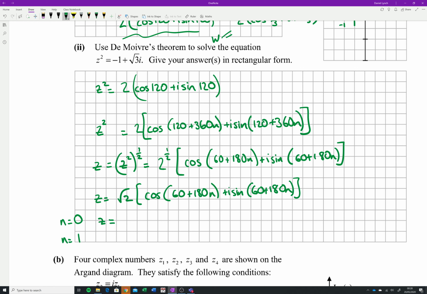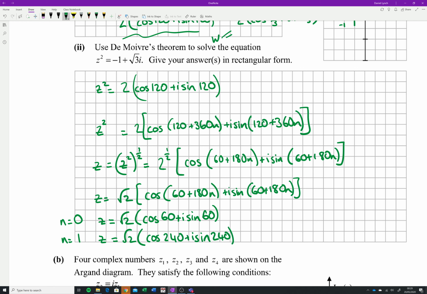So we'll choose 0, because this makes life easy. So we just get the cos of 60 plus i sine 60, n is 0. And the other answer that we get is root 2 multiplied by the cos of, here n is 1, so it's 60 plus 180, so that's 240 plus i sine 240.